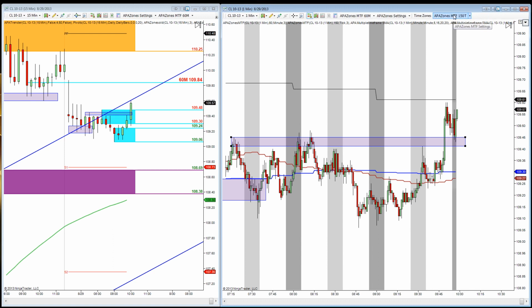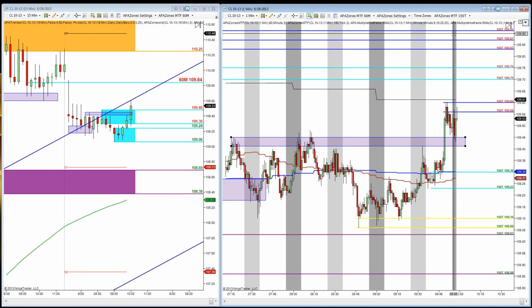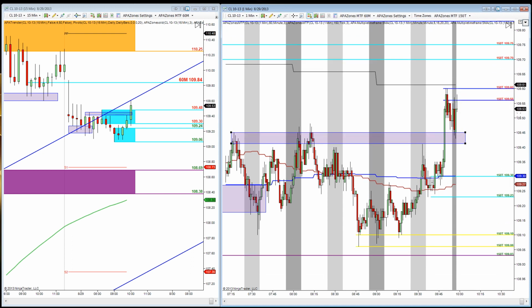Now, if this thing does pop the top and actually does go higher, that's kind of cool. But if it does, the way that I would jump onto the trend, if you're not going to play this right in here, would be development of a 150 tick zone. Alright, so let's say this is a perfect example.